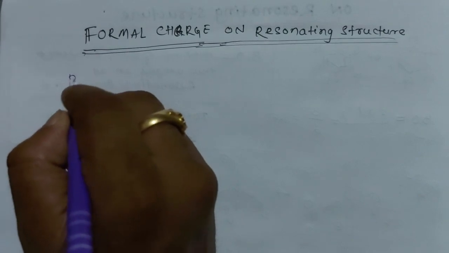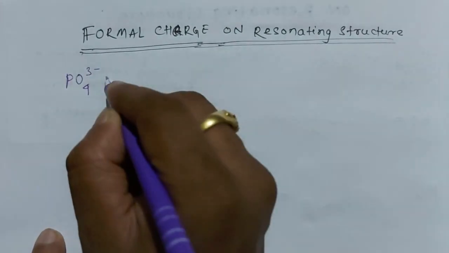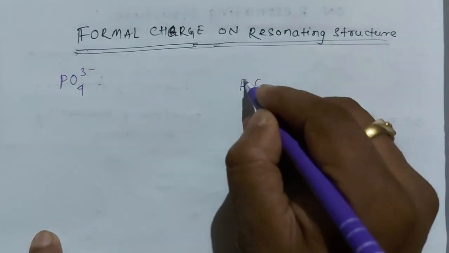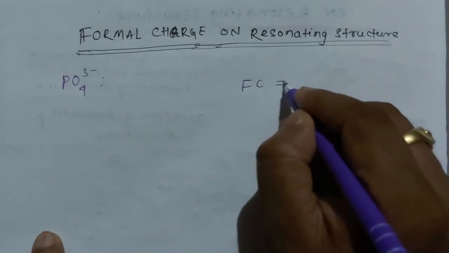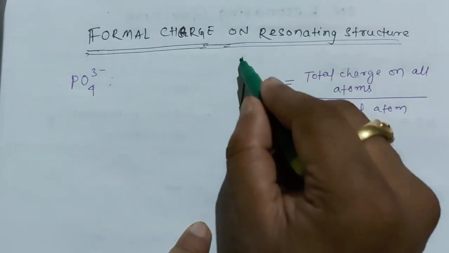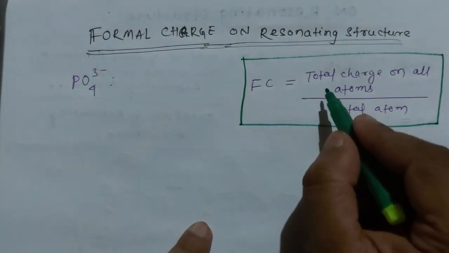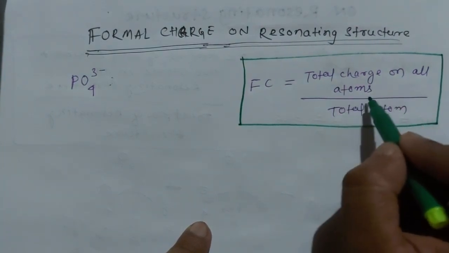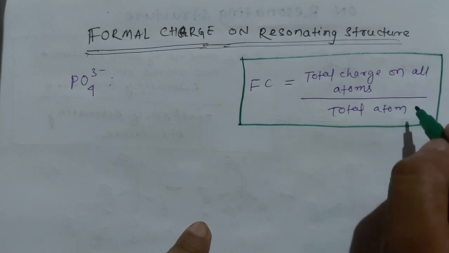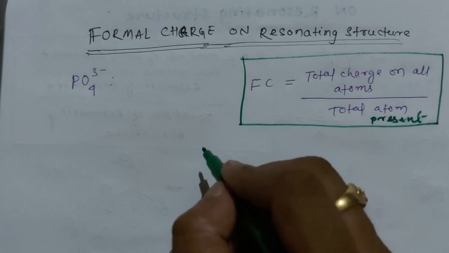So here I will take the same compound, that is PO4 3 minus. First remember the formula: the formal charge on the resonating structure of each atom is equal to the total charge on all atoms divided by the total number of atoms.